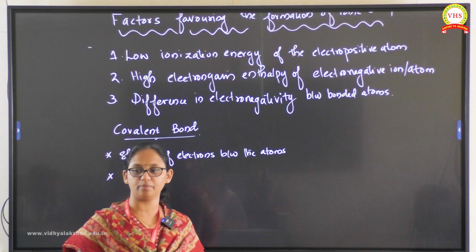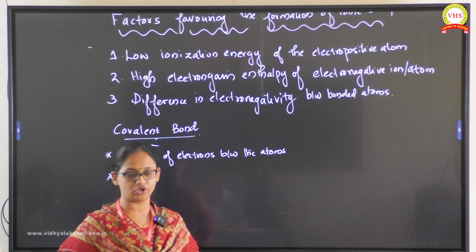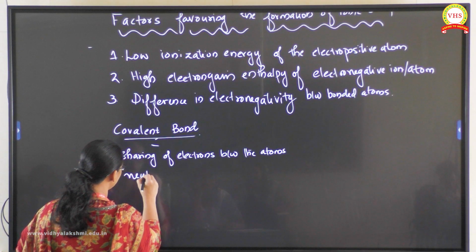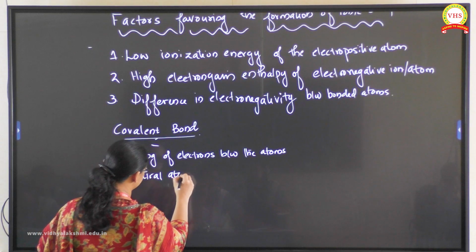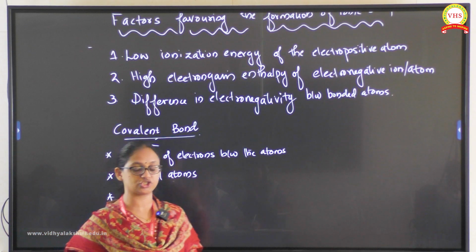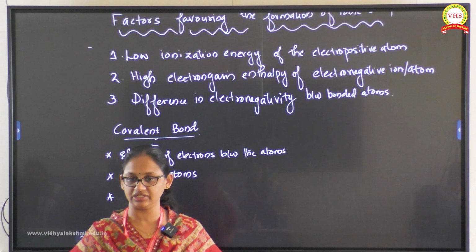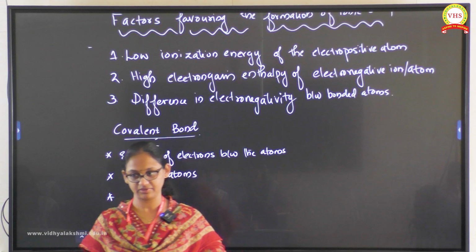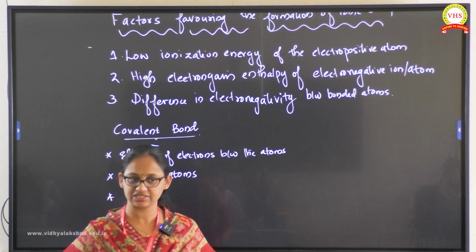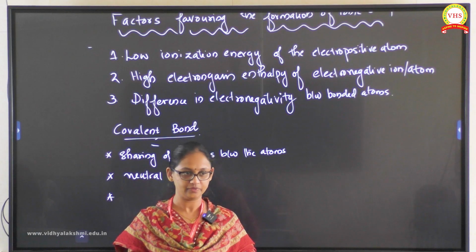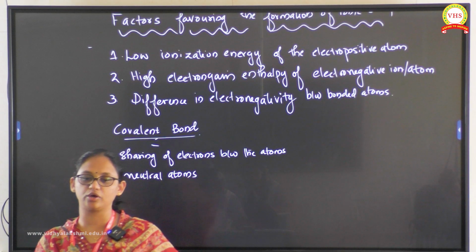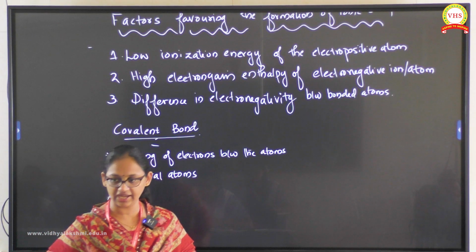Ionic bonds are formed by charged species, cation and anion, but covalent bonds are formed by neutral atoms, through mutual sharing of electrons. There is no charge separation between the atoms, and equal numbers of electrons are shared.